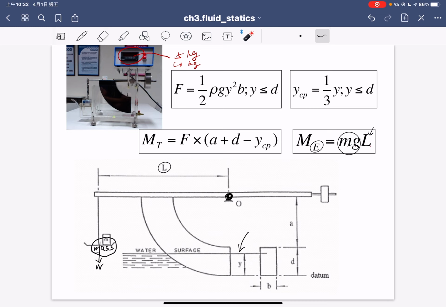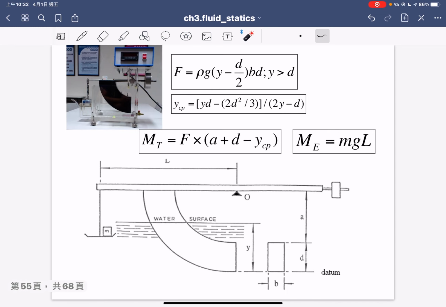Okay? So the second condition is when the water height is larger than the D. When the water height is larger than the D, you need to base on different equations to compute the pressure force and the YCP. And again, you can compute the theoretical moment.